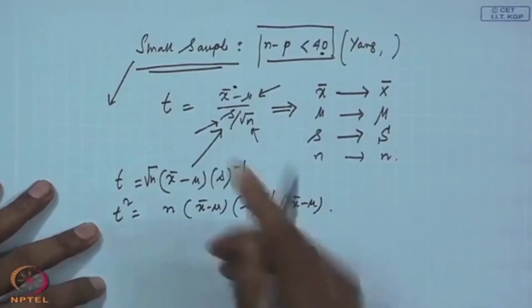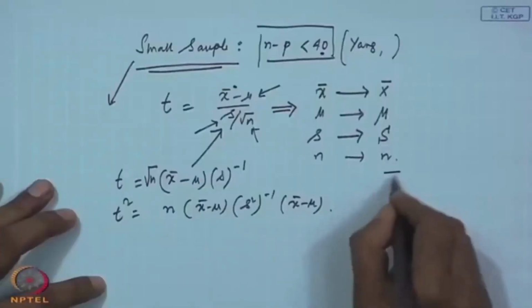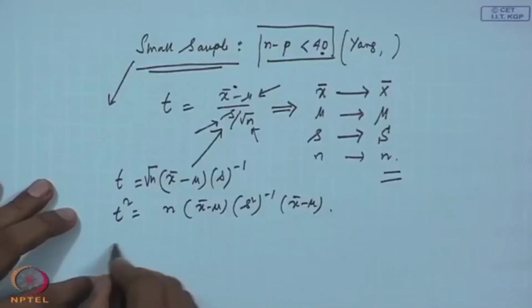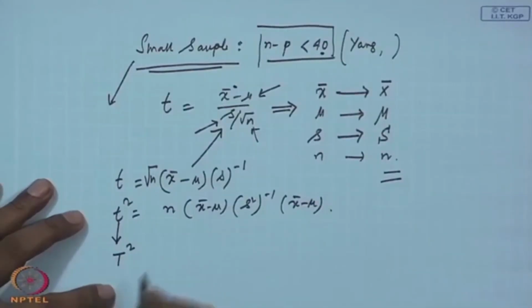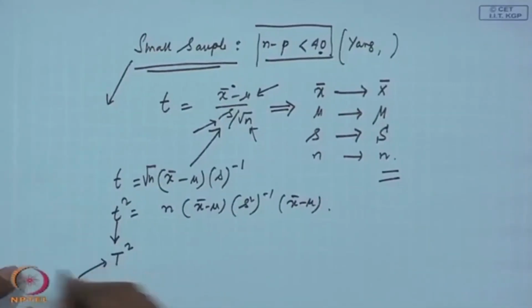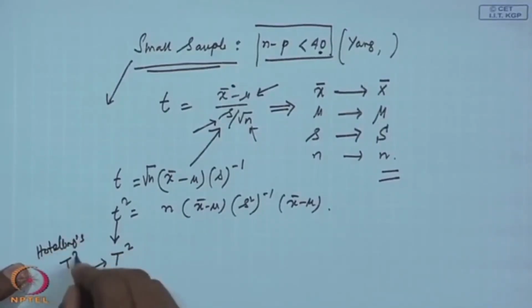Now, like the multivariate normal distribution we developed using the univariate normal distribution, here also we will use a similar formulation. So, instead of this t square we will write capital T square, which is known as Hotelling's T square.